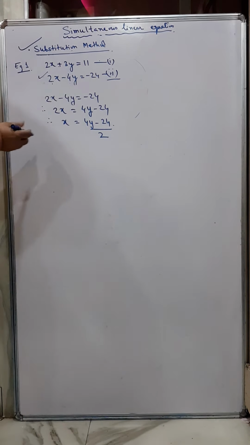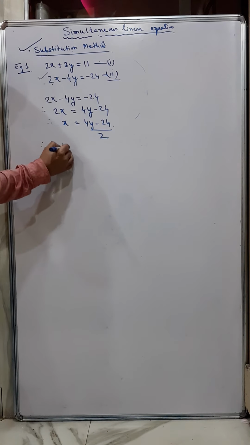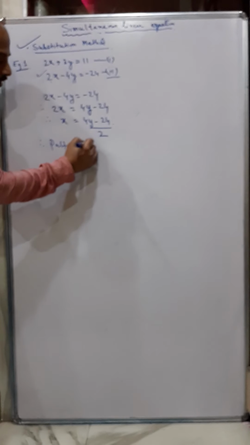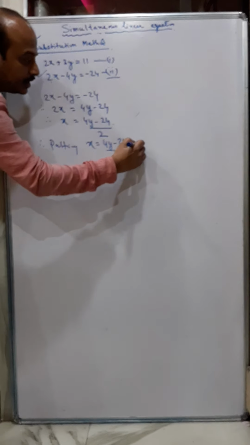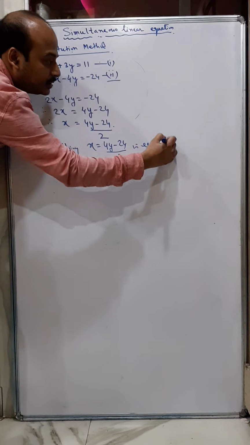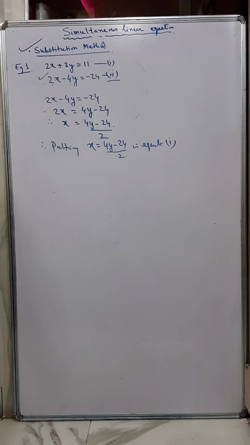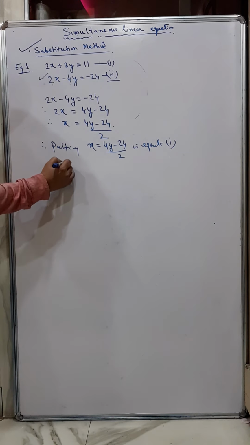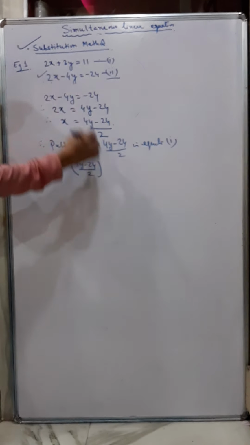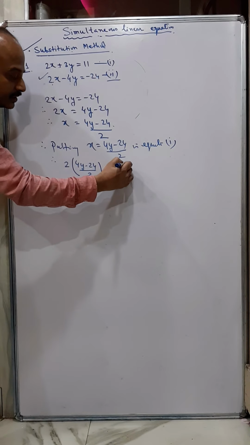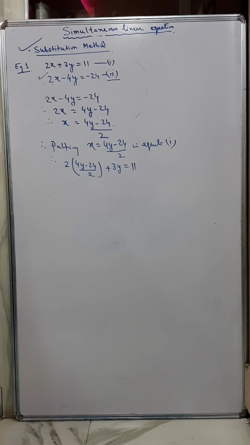So now, putting x equals (4y minus 24) by 2 in equation 1, I get 2x, that is 2 into (4y minus 24) by 2, plus 3y is equal to 11.